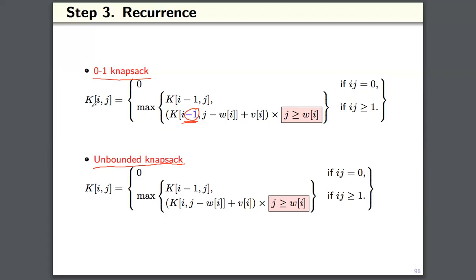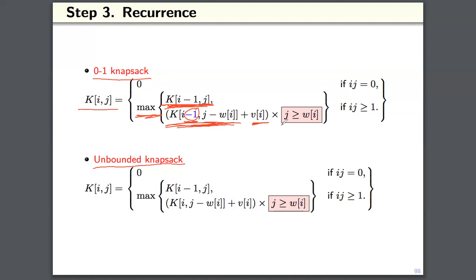So this is K of i, j is equal to, or do not worry about the base case and all, we'll come to this later. Max of K of i minus 1, j, and then K of i minus 1, j minus w of i, and plus you're adding the value of the item.